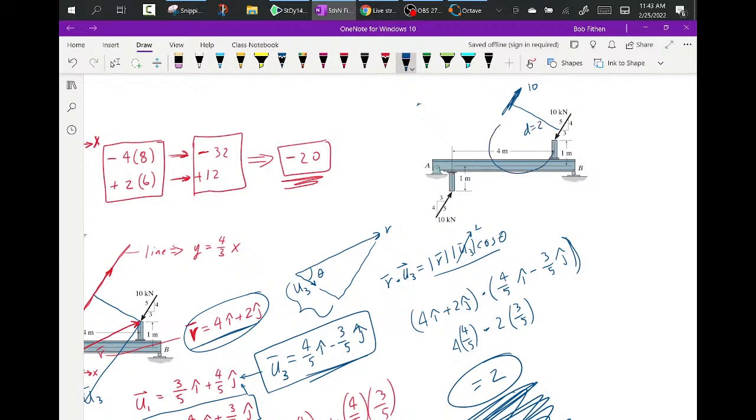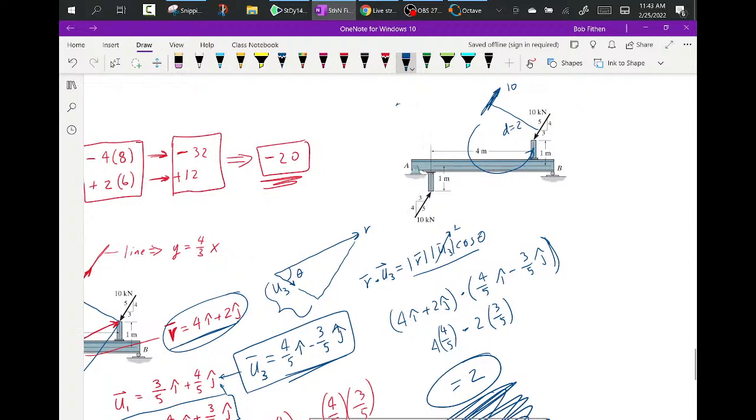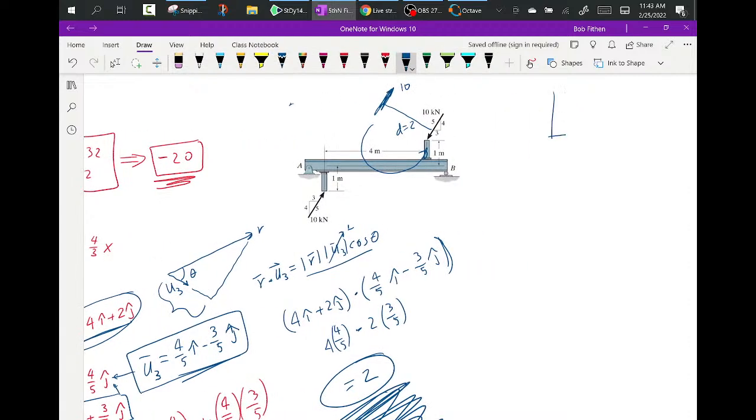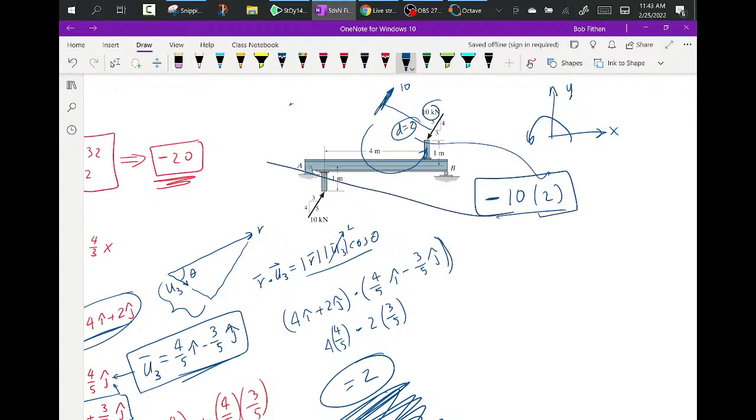So it goes this way. Remember what positive is. Positive is that way. It's going the opposite direction. So it is 10 times 2, which is the same number that you get right back here.